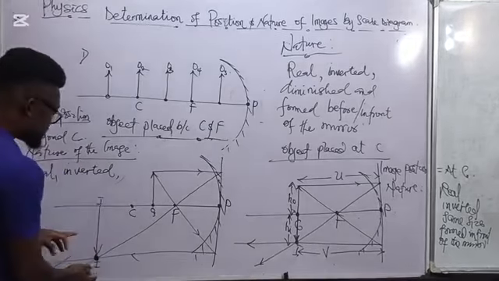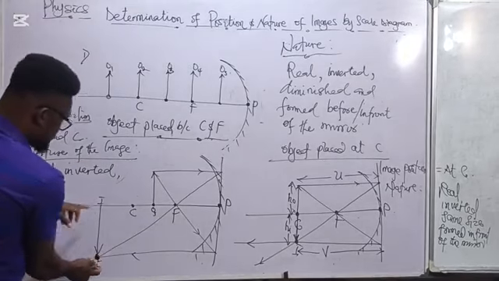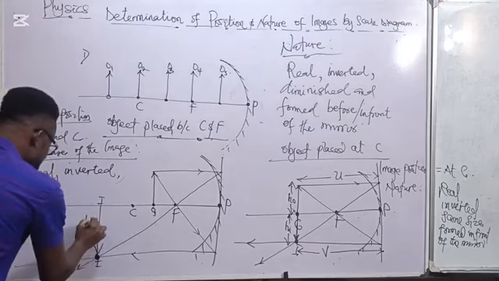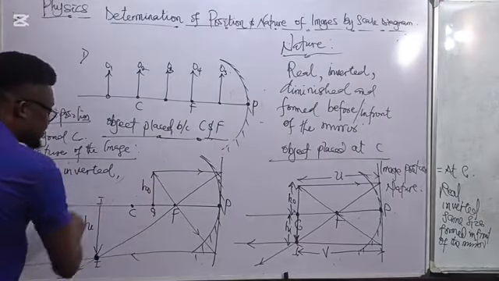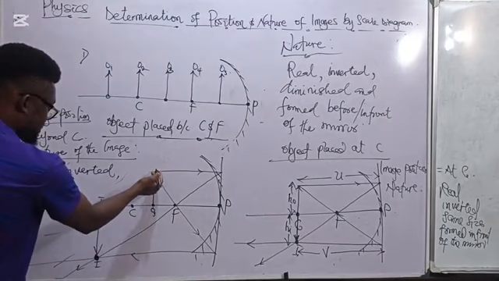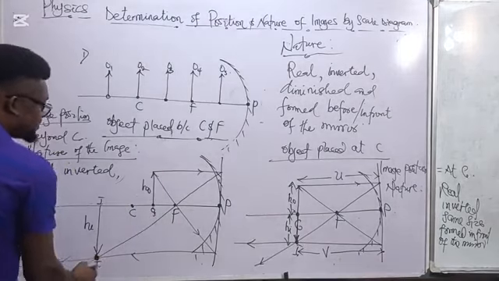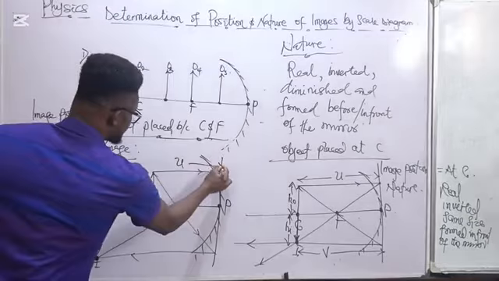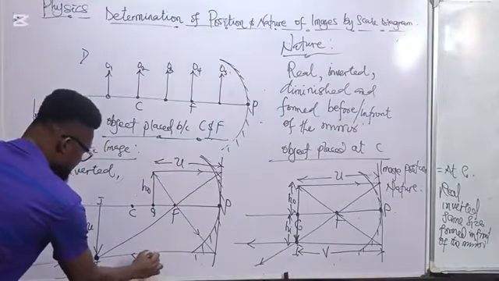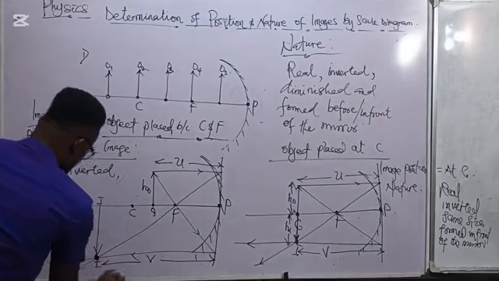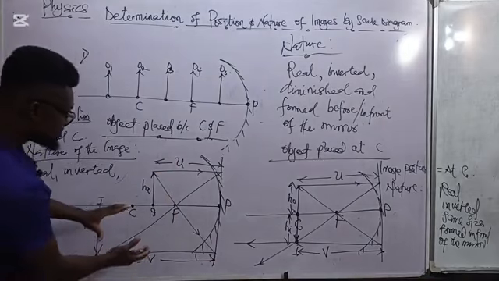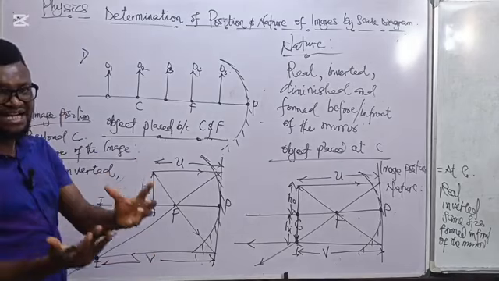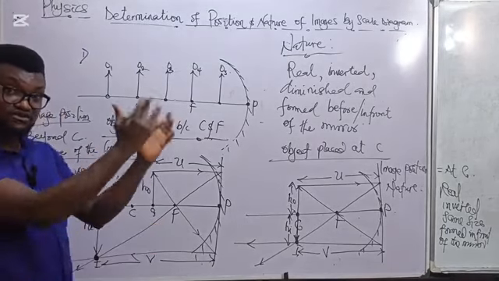Now, if you look into the size of the image, you will see that the size of the image is greater than the size of the object. Look at the height of the object, and look at the height of the image. Also, look at the distance of the object, then the distance of the image. So in that case, the size of the image is magnified, greater than that of the object.